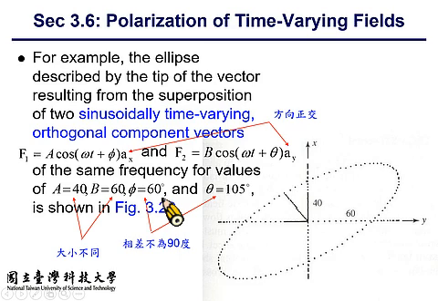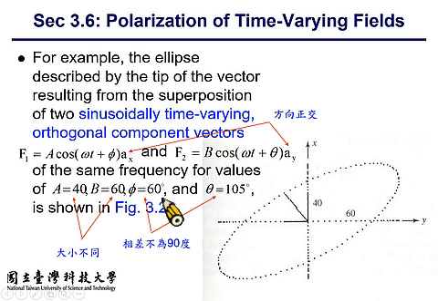However, the ratio of the magnitudes is A and B, which for this case is 40 and 60, which means they are not of the same magnitude. So from this description, we can determine that the addition of F1 and F2 cannot form circular polarization.